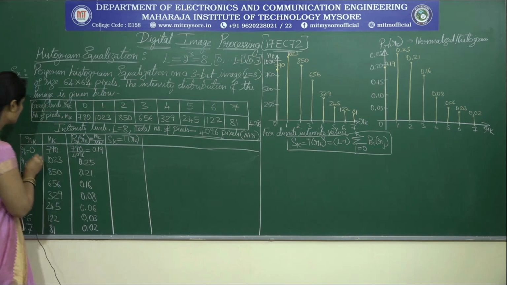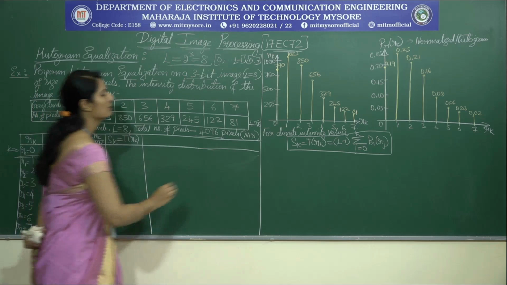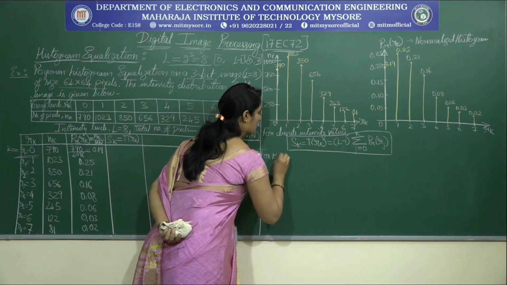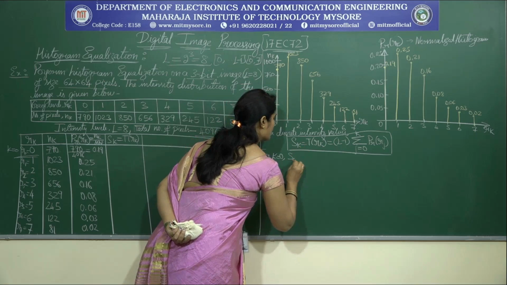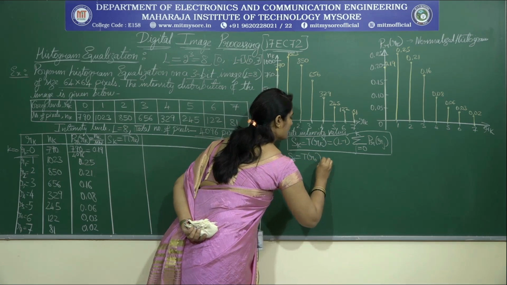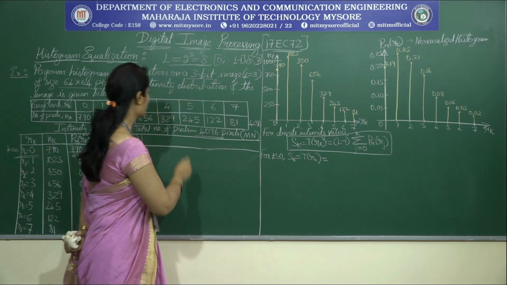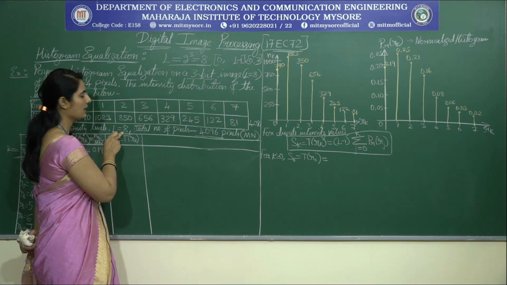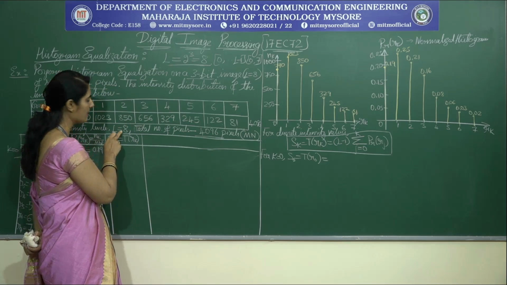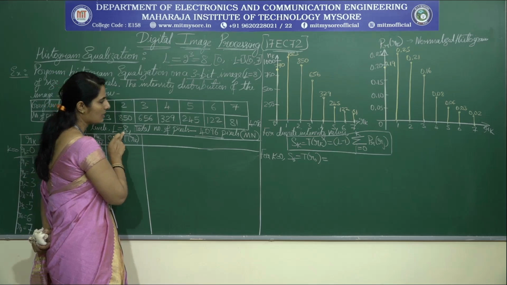Now for case 1, when k is equal to 0, s0 is equal to T of r0, which is equal to L minus 1 times the summation. What is L here? Since the given image is a 3-bit image, the number of intensity levels is 2 power 3, which is equal to 8. Therefore L is equal to 8.